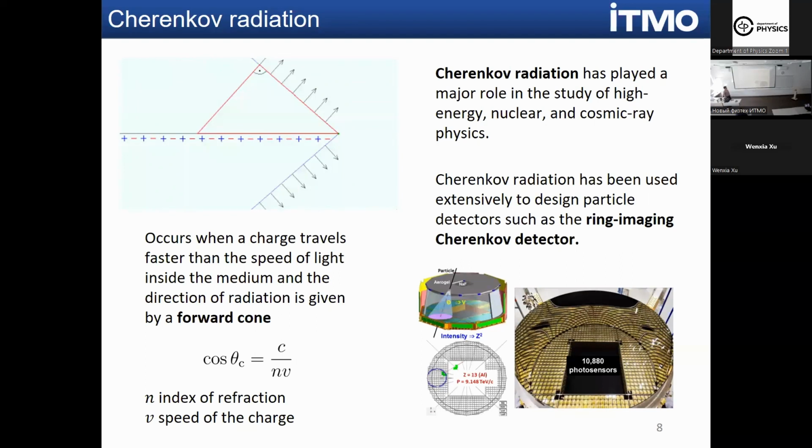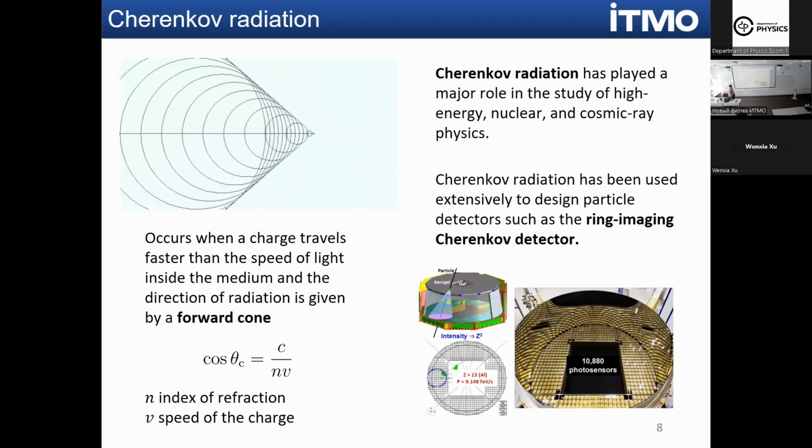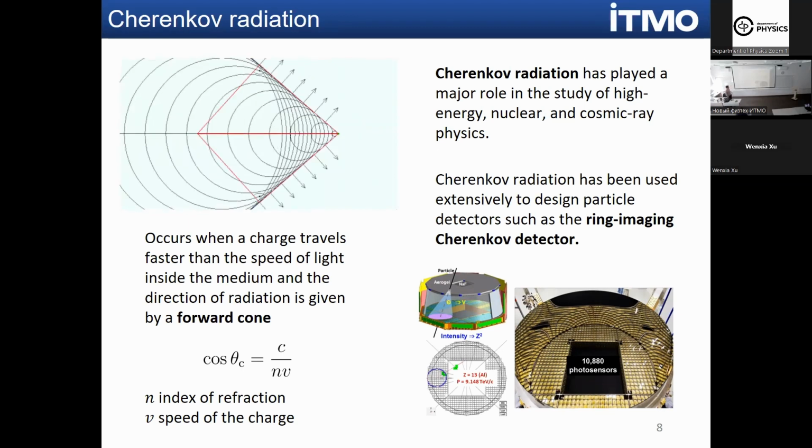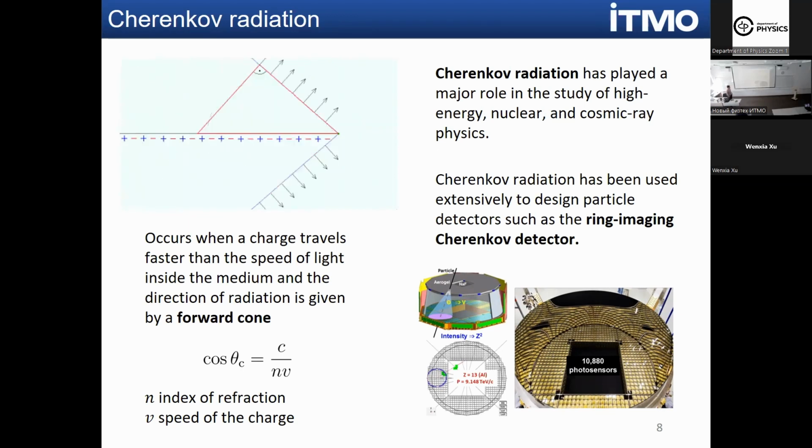Let me remind you that it occurs when a particle travels faster than the speed of light inside the medium. I want to highlight that the direction of the radiation is always in a forward cone. It goes in the direction of the velocity of the particle, and the angle is given by the index of refraction of the medium and the velocity of the particle.